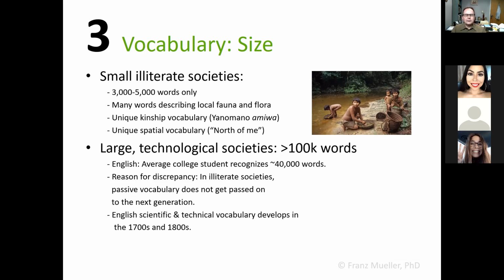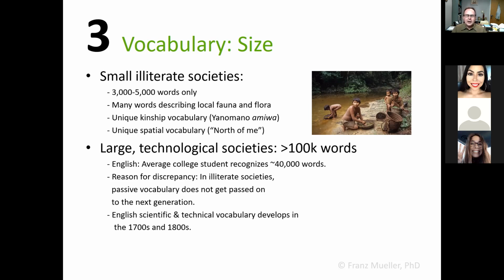And if for some reason that particular meaning needed a word in a subsequent generation, they would have to create a new word, having no memory of the old word. One generation is all that it takes for a word to completely fall out of use. Passive vocabulary, words that you don't actually use, do not get passed on to the next generation, right?